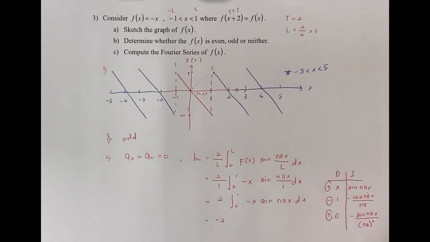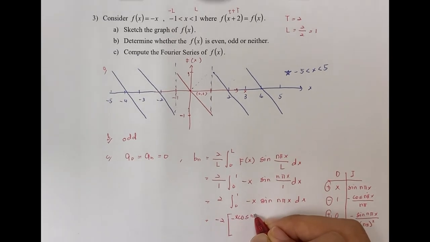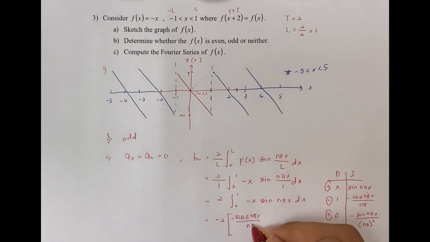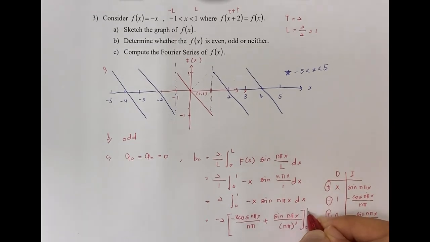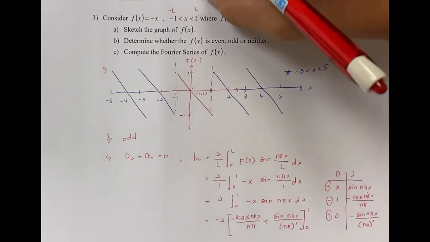So negative 2 times negative x cos n pi x over n pi plus sine n pi x over n pi square, with limits from 0 to 1.